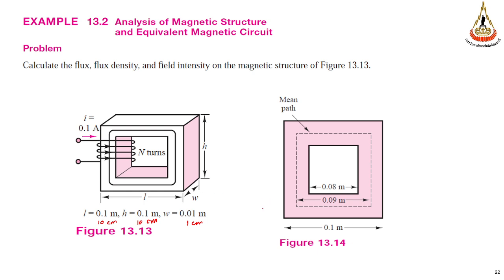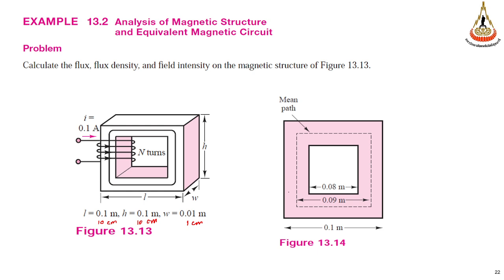So this is 0.1 and H is also 0.1. And the inner range is 0.08. So the mean path will be 0.09 here. The length will be 0.09.